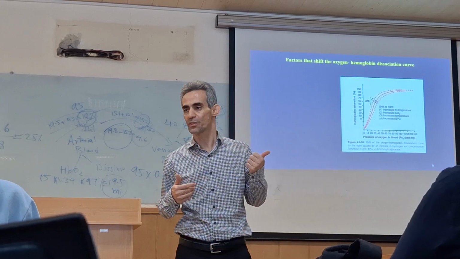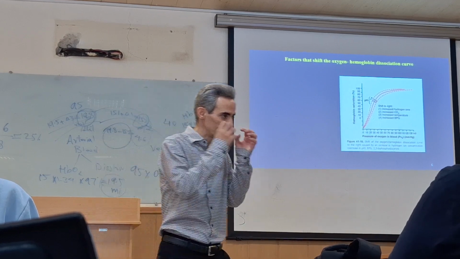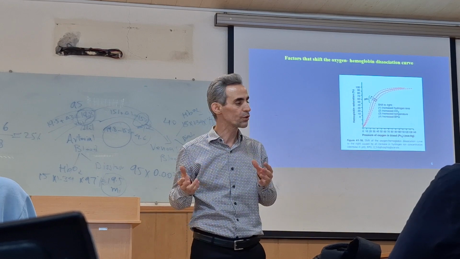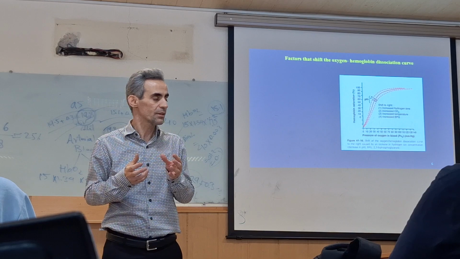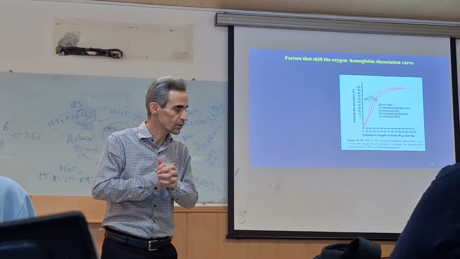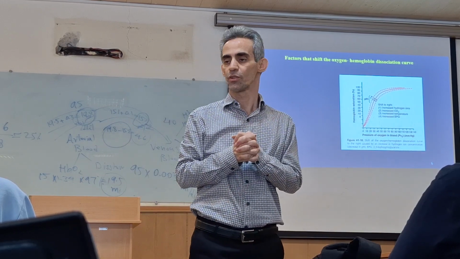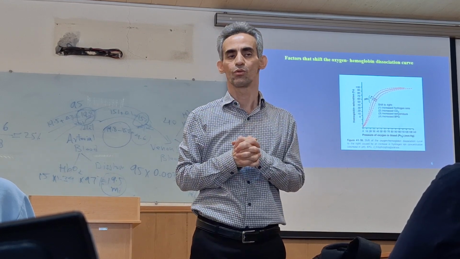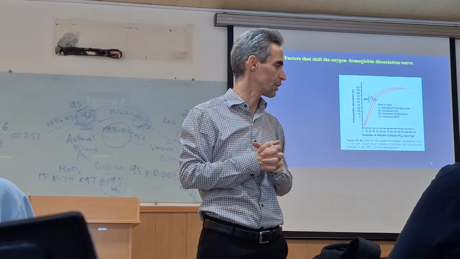In shift to left, we have no oxygen release. Instead, we have binding of oxygen with hemoglobin, because the tendency and affinity of the hemoglobin for oxygen is very high. Opposite to this, when the oxygen wants to release, we say that the oxyhemoglobin has the shift to right. Okay, so at the level of the lung, at the level of the alveolar space, you know that the oxygen pressure is 104 millimeters of mercury.